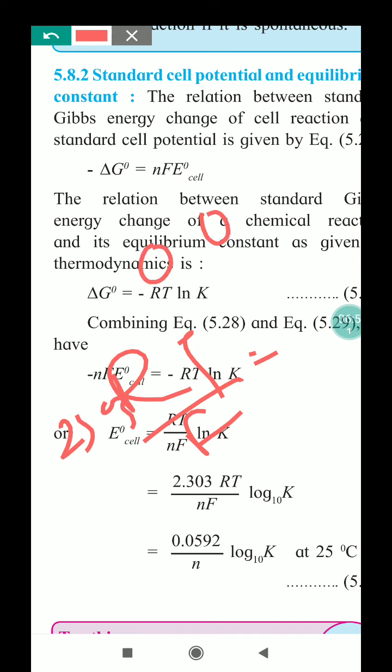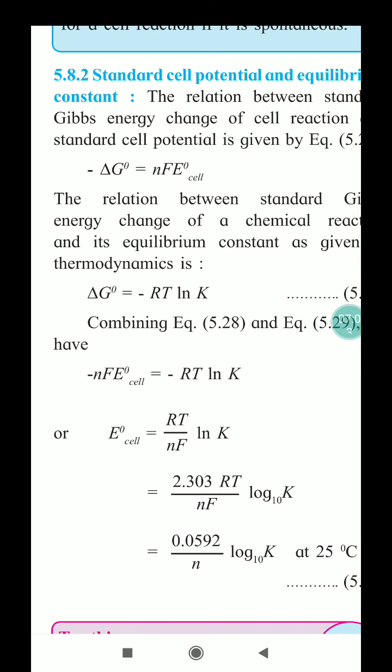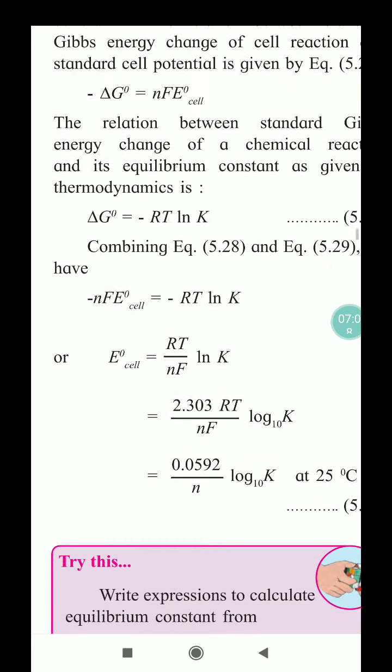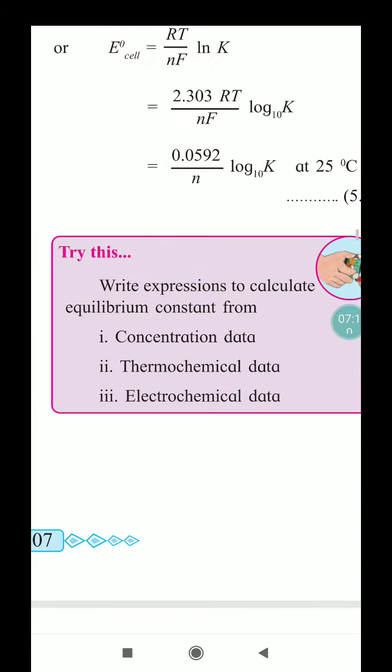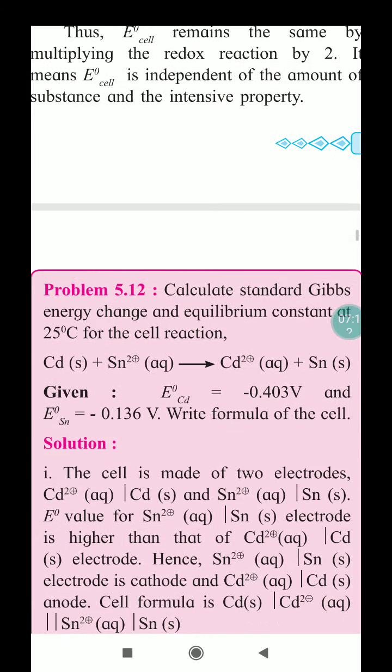So putting this value in this equation, we get the standard EMF of the cell is equal to 0.0592 upon n, where n is the number of moles of electrons, log to the base 10 K. On this we solve some problems.